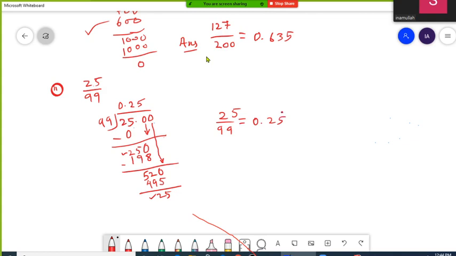So you can put a bar over 25. This number will keep on continuing, like 252525 will go on and on. So this is your answer, that 25 by 99 is 0.25 with a bar.